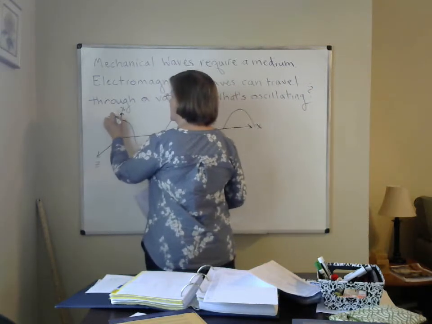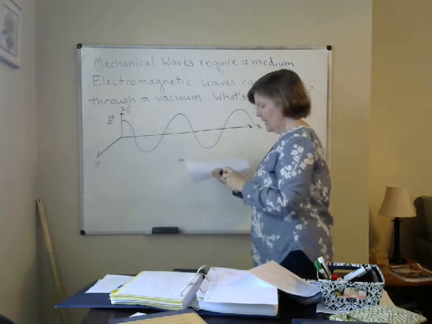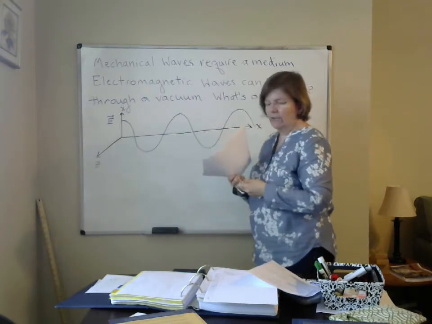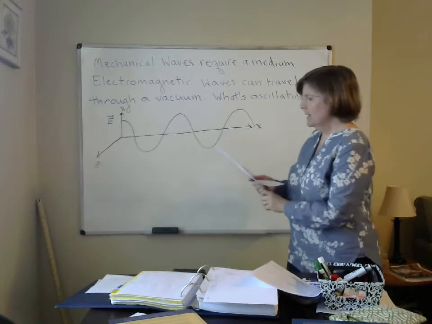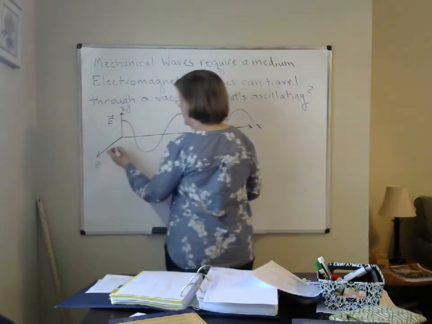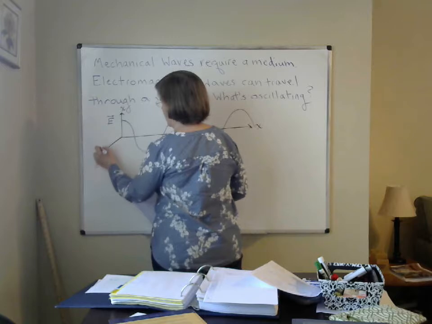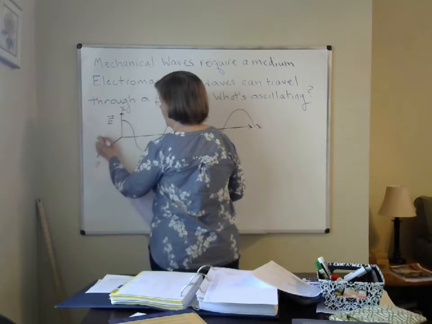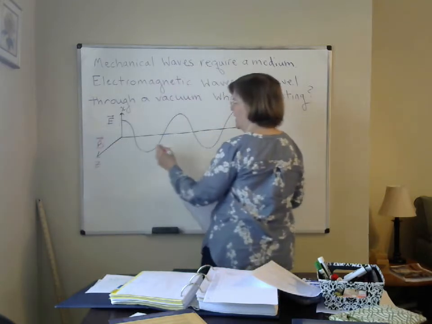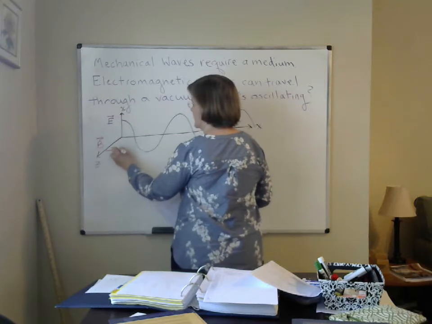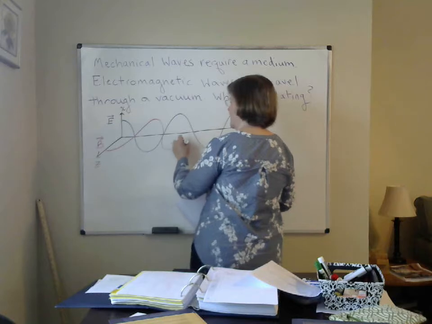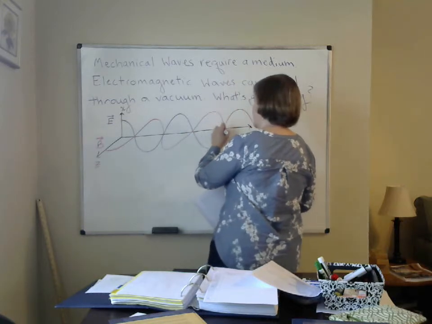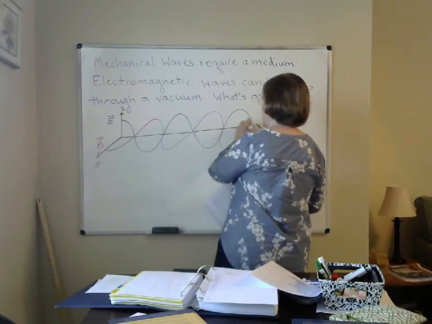So I have an oscillating electric field, and then perpendicular to that, we have an oscillating magnetic field. Magnetic fields have the symbol B. We haven't studied that, but it would look something like this. And these would be perpendicular to one another. I don't know if this really looks perpendicular the way I want it to.